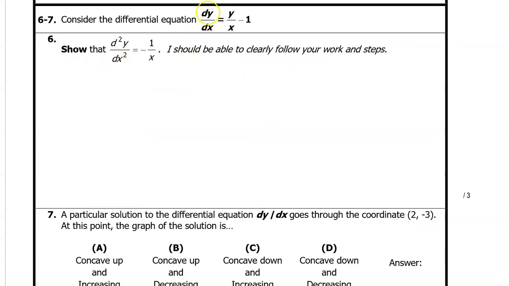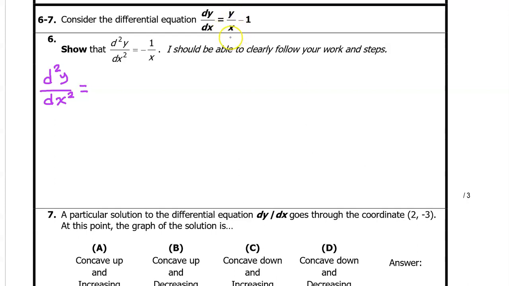Number 6. Given dy dx equals y over x minus 1, show that the second derivative is equal to negative 1 over x. To find the second derivative, you take the derivative of the first derivative, and I'm going to differentiate term by term. So as I take the derivative of the first term, I'm using the quotient rule, which goes low d high less high d low.